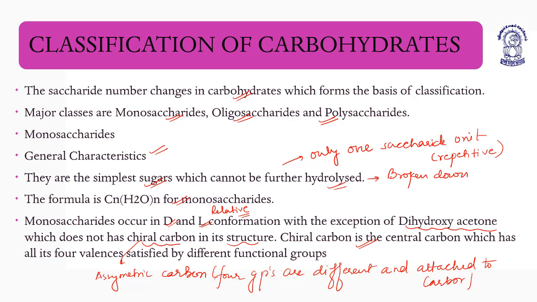A chiral carbon is a central carbon which has all its four valencies satisfied by different functional groups. So monosaccharides occur in D form and L form, with the exception of dihydroxyacetone, as it does not have any chiral carbon or asymmetric carbon. That is why it cannot show the relative configurations.